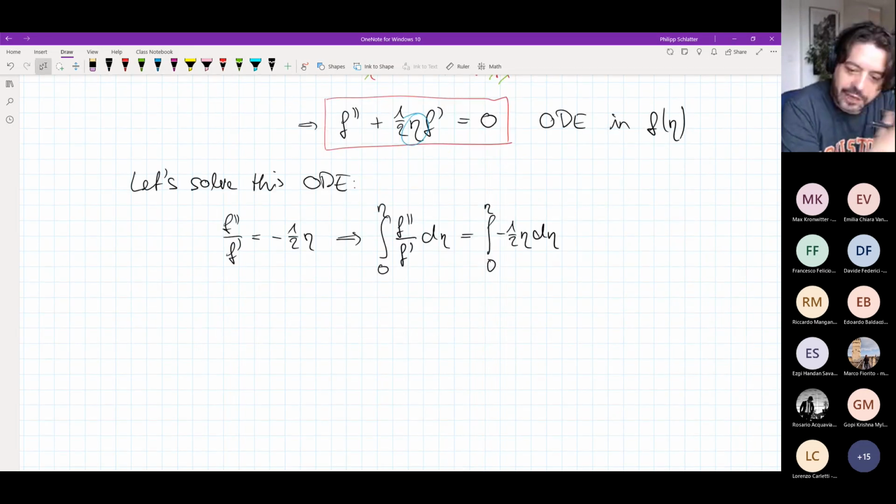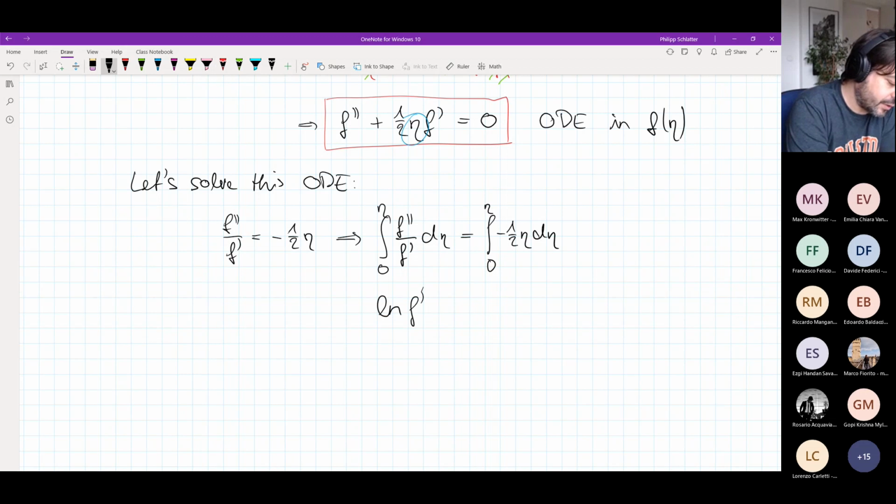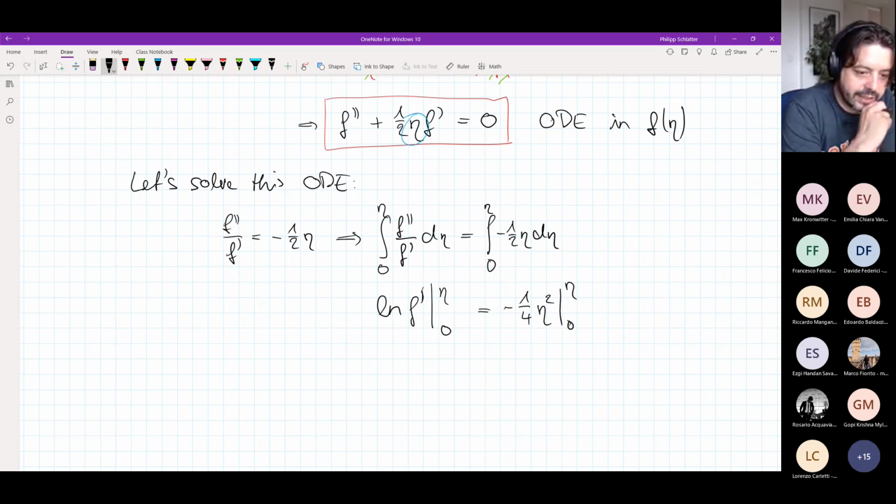Now you see why this is nice, because if we do that on the left side, we actually get as a result an ln of f prime evaluated between 0 and eta. And if I do the integral on the right side, I actually get -1/4 eta squared evaluated between 0 and eta.